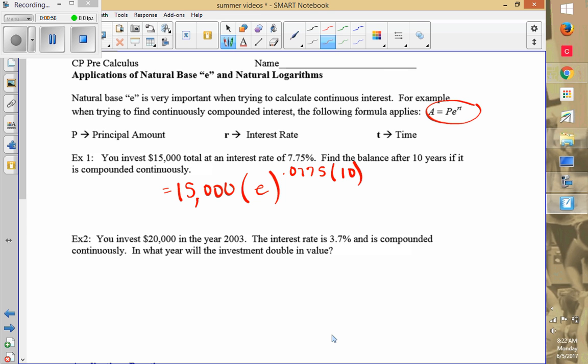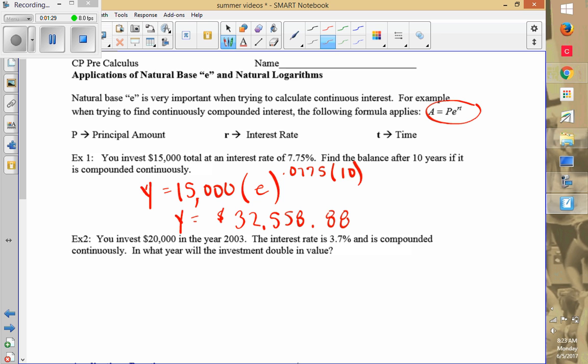So at this point, you are going to go to your calculator and type that in so that we can find what our value is, and our value is $32,558.88. So you at that point in time have more than doubled.